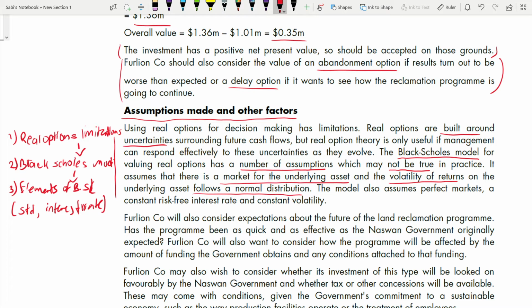The standard deviation follows a normal distribution. This is another assumption. The model also assumes a perfect market. Third assumption. But is the market perfect? Is the market perfect? And a constant risk-free rate and constant volatility. See, assumption on assumptions you are getting.